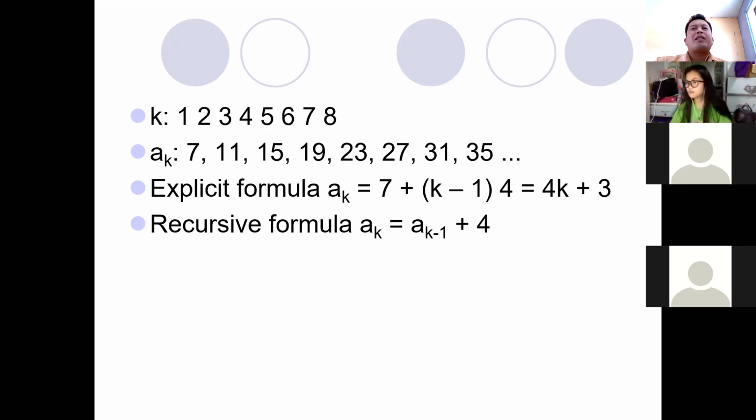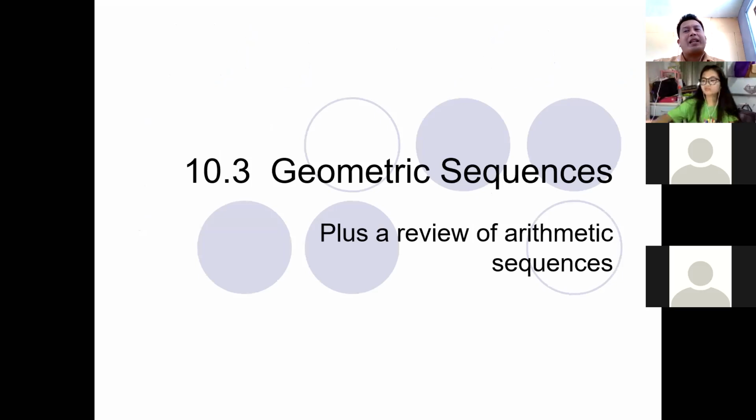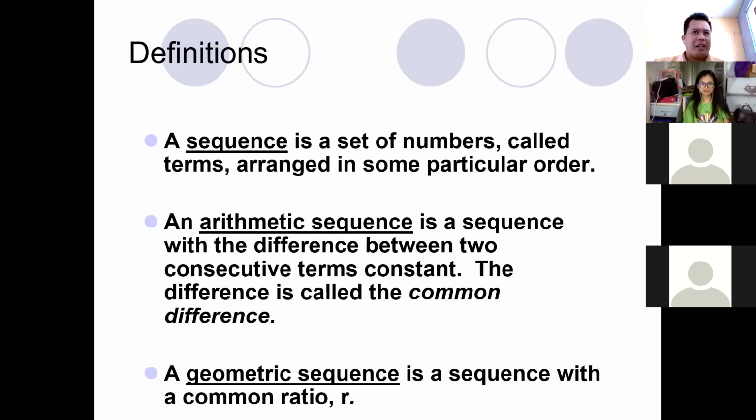But when you talk about the other sequence, the geometric sequence, if we have a common difference for arithmetic, in geometric we have a common ratio. It is denoted by the letter r, while the common difference is denoted by d.